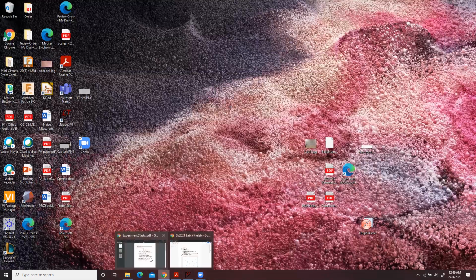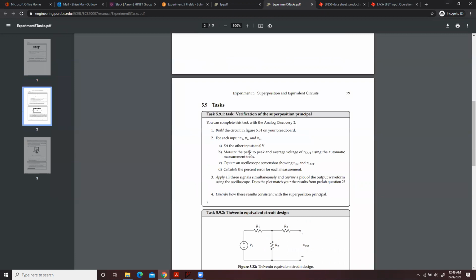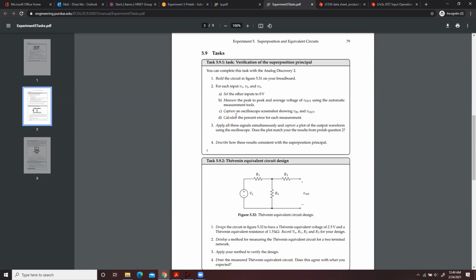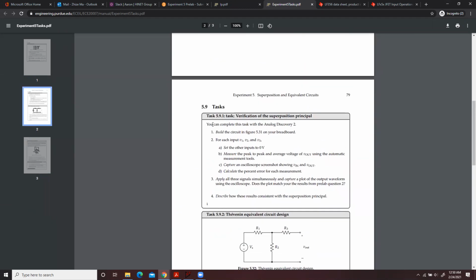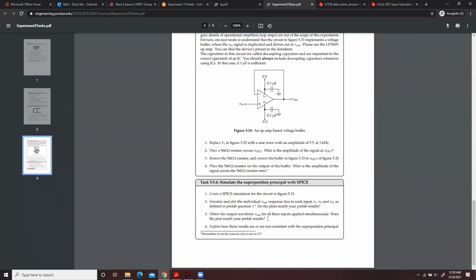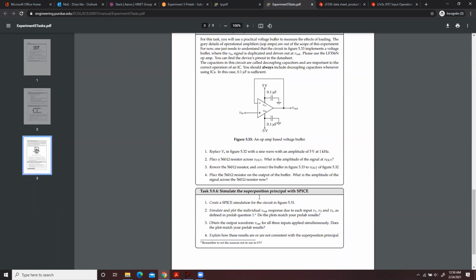All right, then let's talk about the tasks. For lab 5, there are 4 tasks. Task 1 and task 4 continue from the pre-lab.